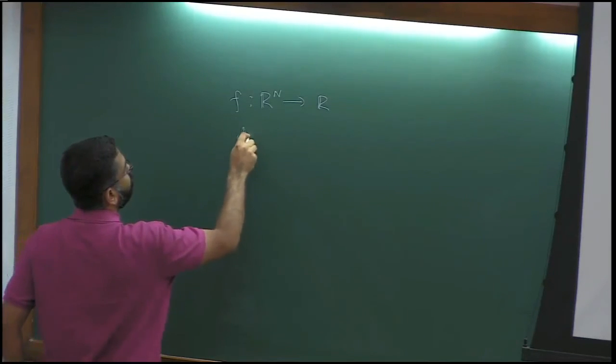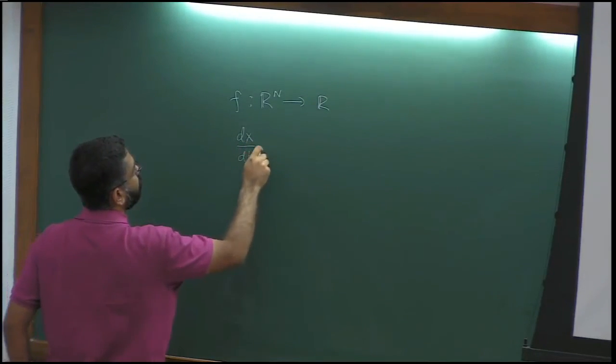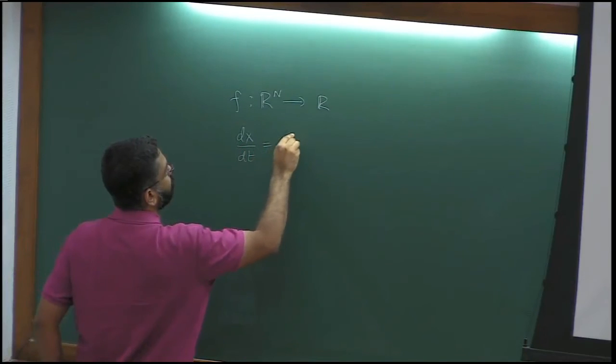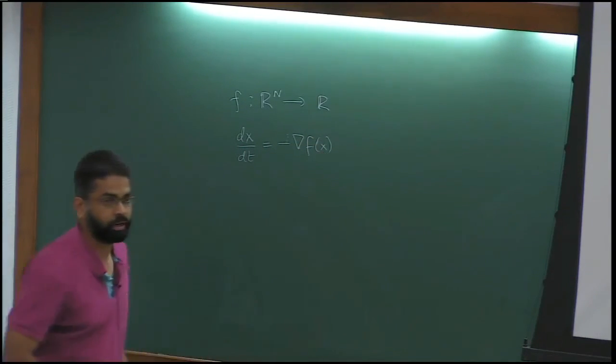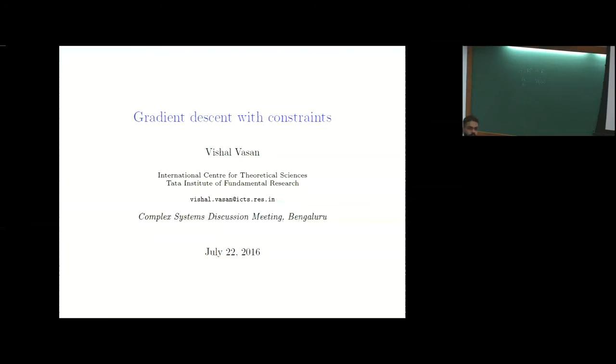And so maybe you just solve that ODE, right? So you follow the gradient, and this seems like a good idea to minimize a function. So suppose f is a positive function, then this would be a globally convergent algorithm.